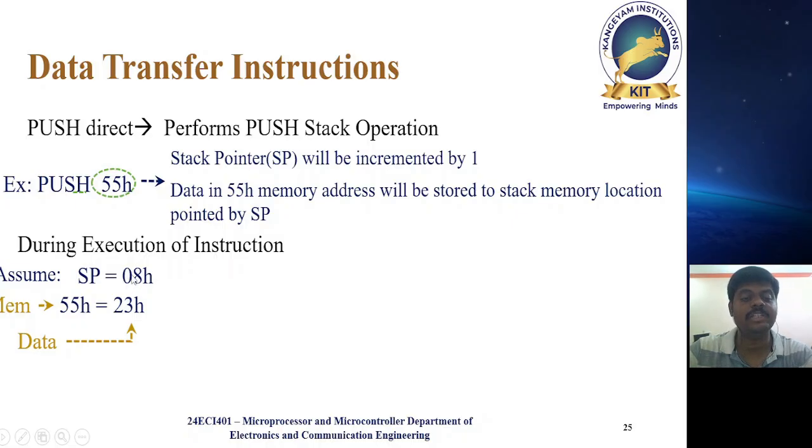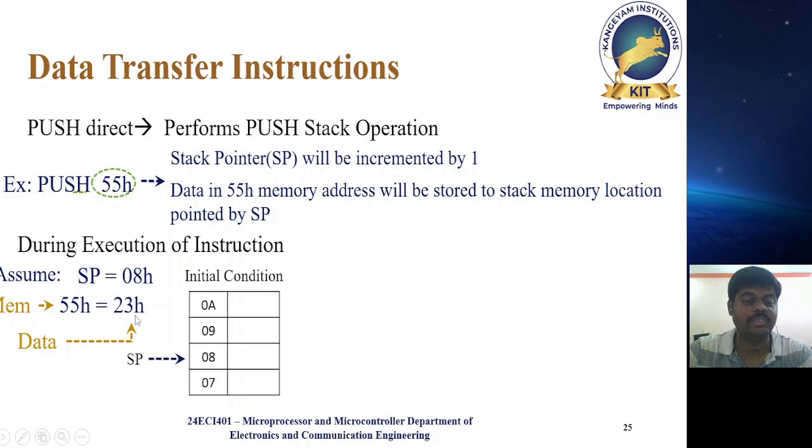That means it is pointing to the stack memory location 08. 55 is the memory location of the data. In this 55 memory location we have the data 23. So the initial condition is that the stack pointer is pointing to the stack memory location 08.